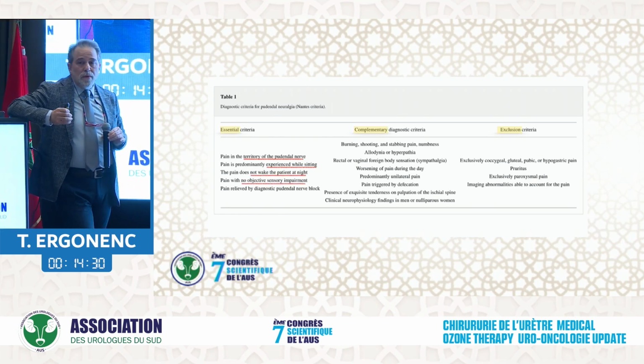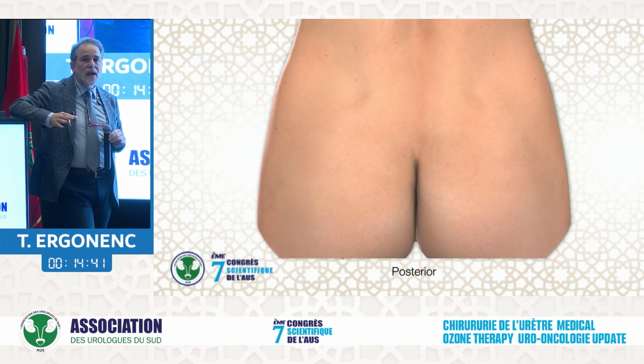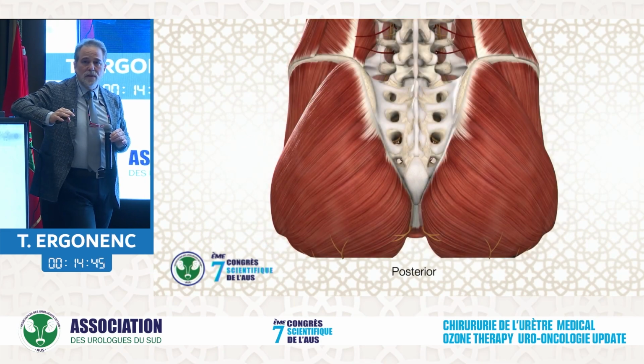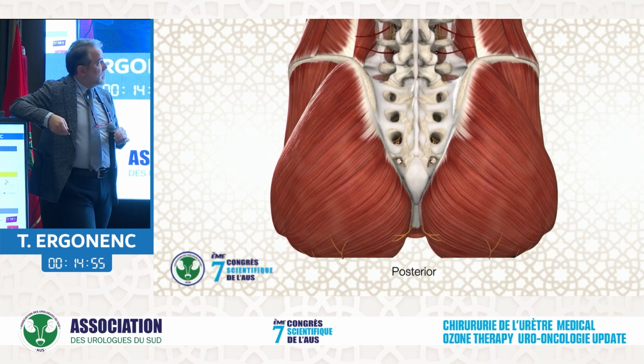If you use corticosteroid with local anesthetic agent for your diagnostic block, probably after the procedure, when the neuropathic pain goes and they heal, this is not only diagnosis, this is treatment as well. But sometimes you cannot use corticosteroid for your patient. You can use ozone dissection, dry dissection.